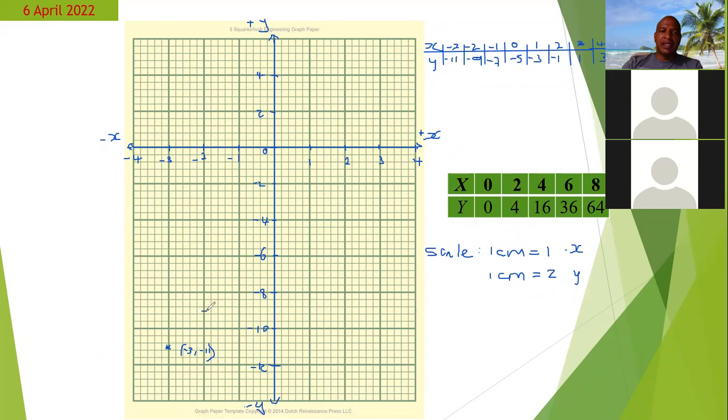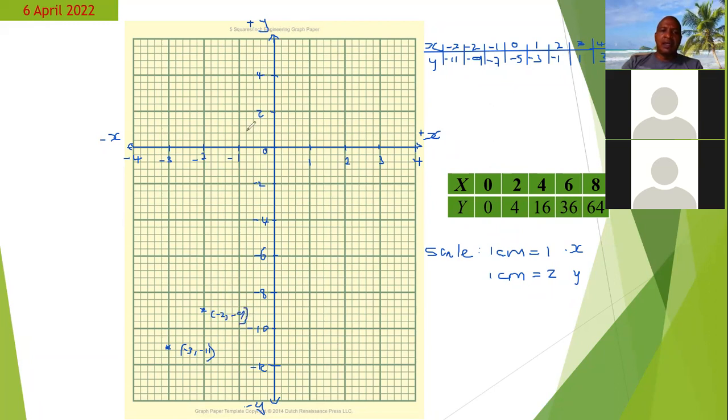So it would be right here. And then we label our point there as x equal -2, and y would be -9.